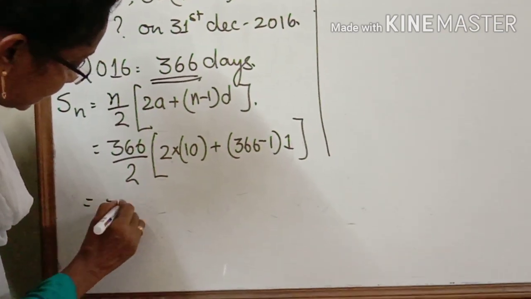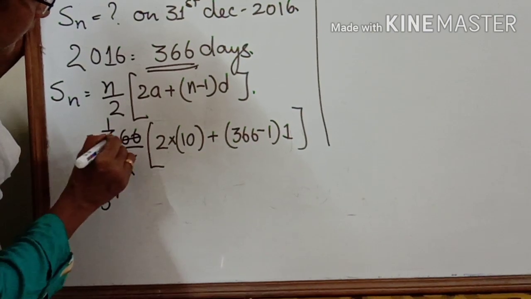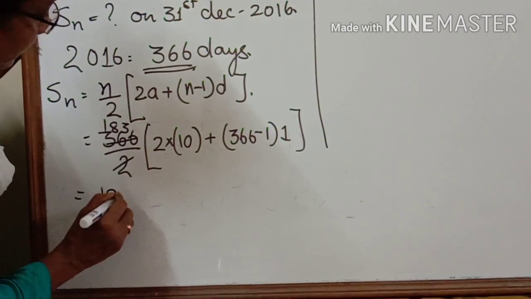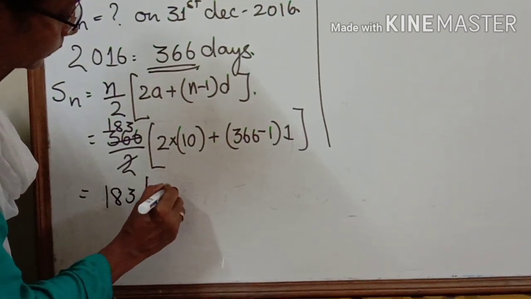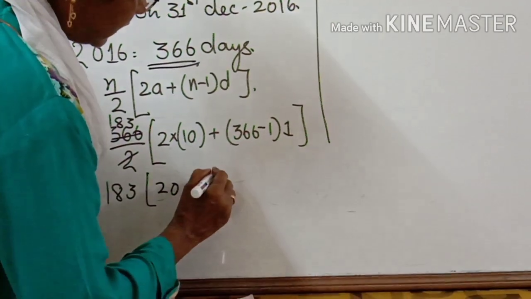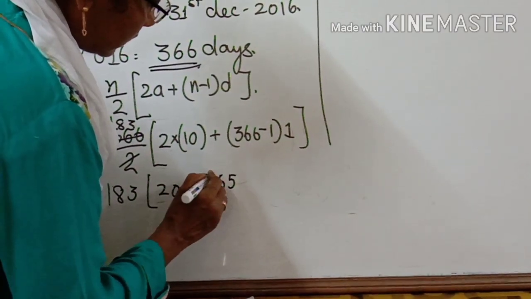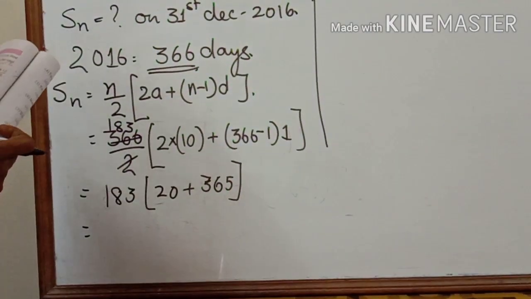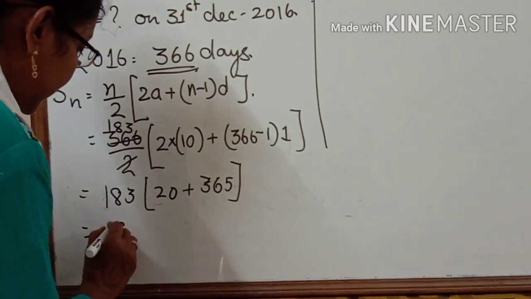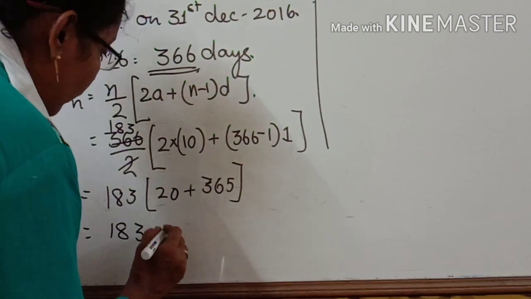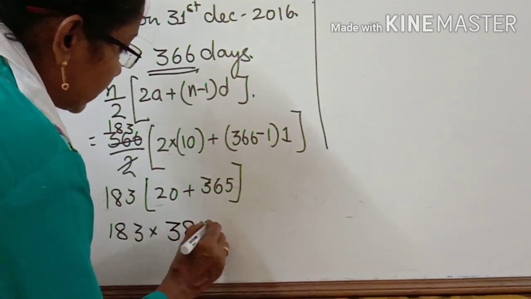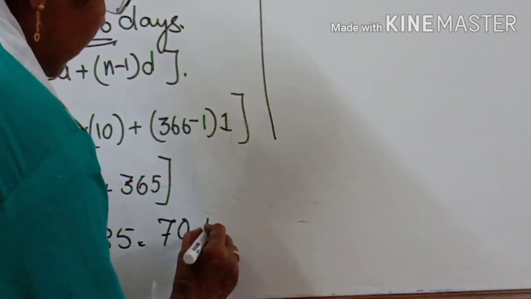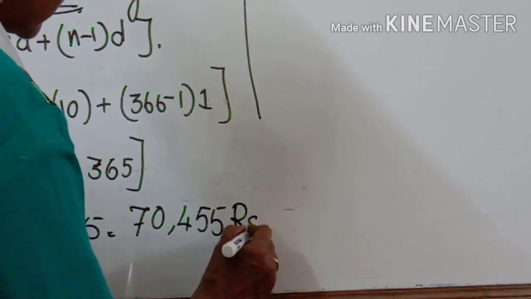We can cancel it. 183 into 20 plus 365, and that is equal to 183 into 385. Total rupees is equal to 70,455 rupees.